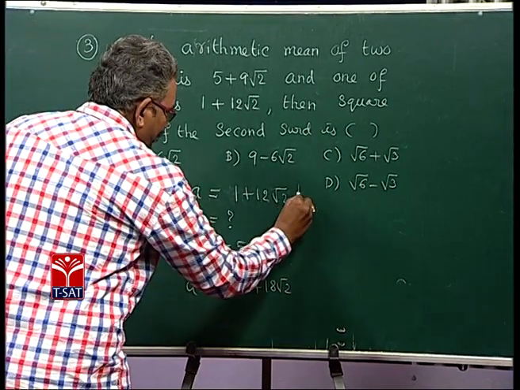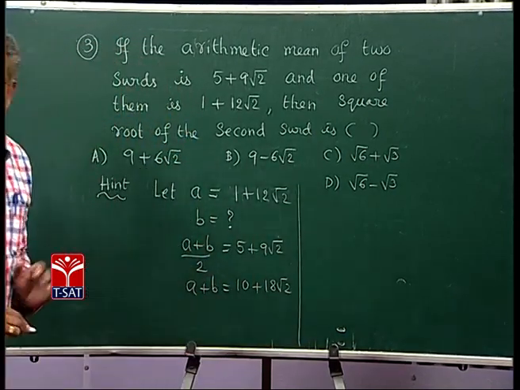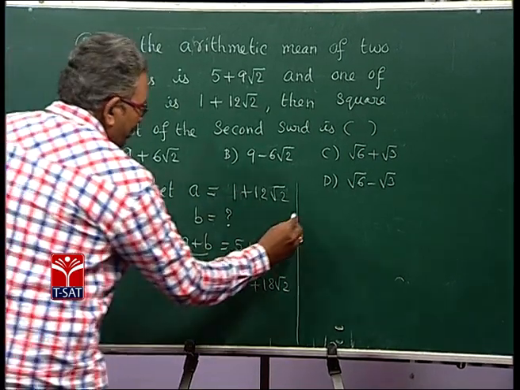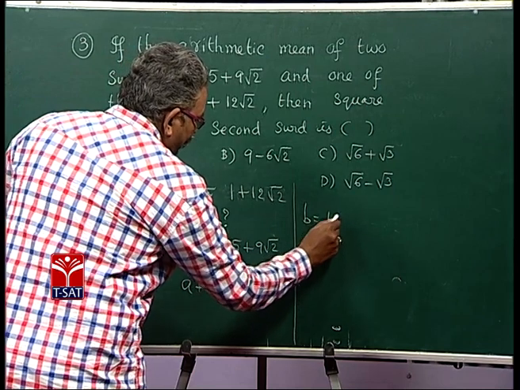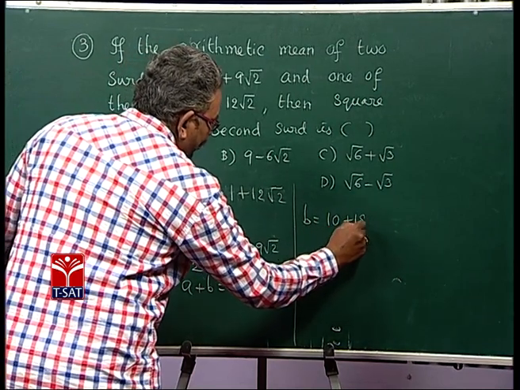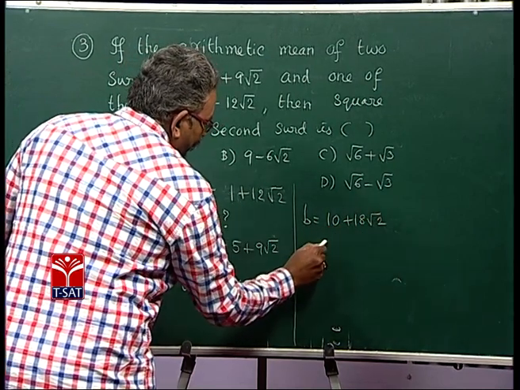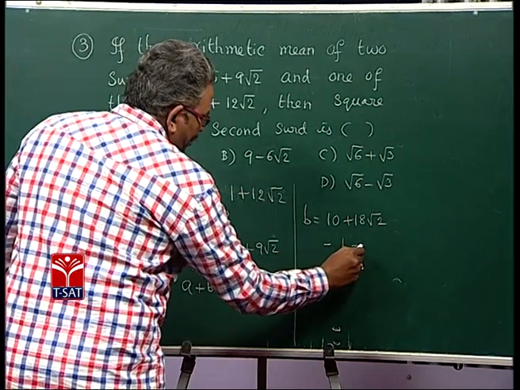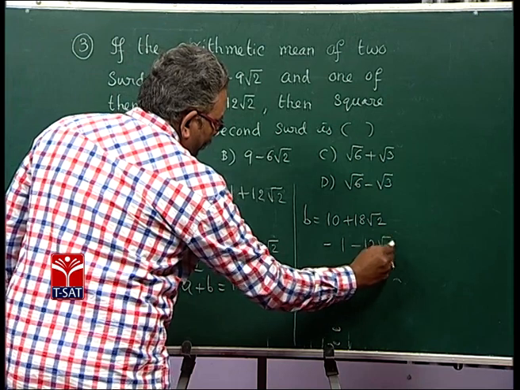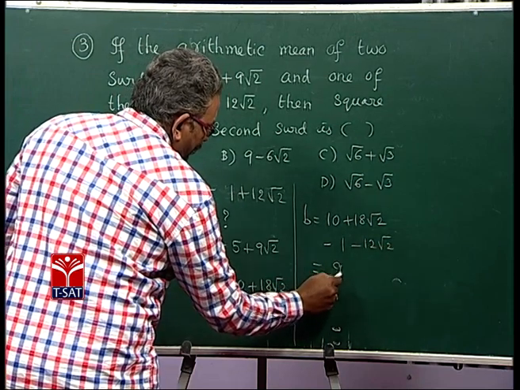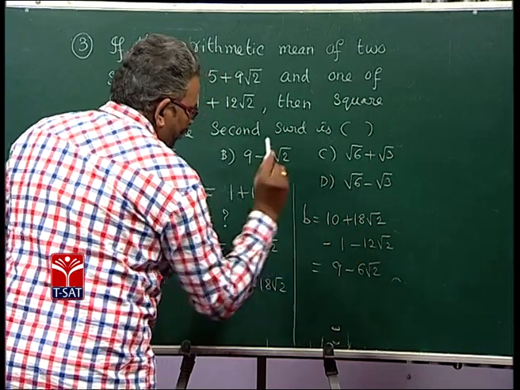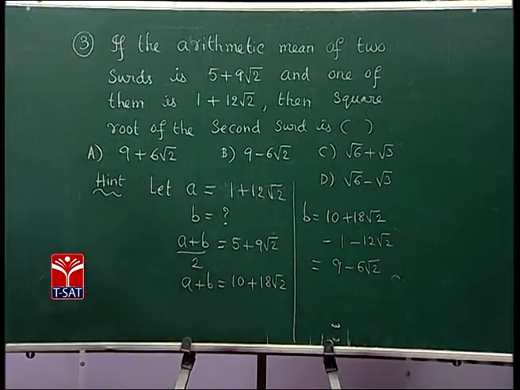Now let us determine the second term. Already A is 1 plus 12 root 2. B is equal to 10 plus 18 root 2 minus 1 minus 12 root 2, that is 9 plus 6 root 2. 18 root 2 minus 12 root 2 is 6 root 2.